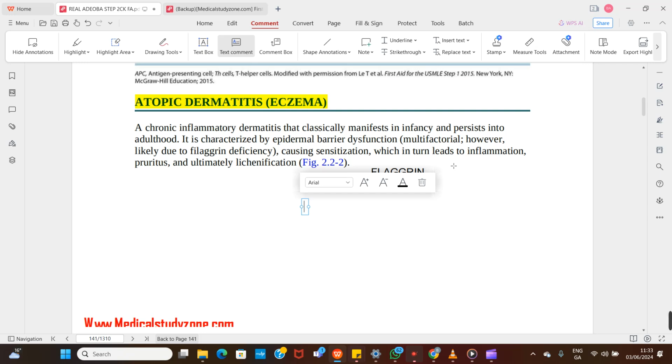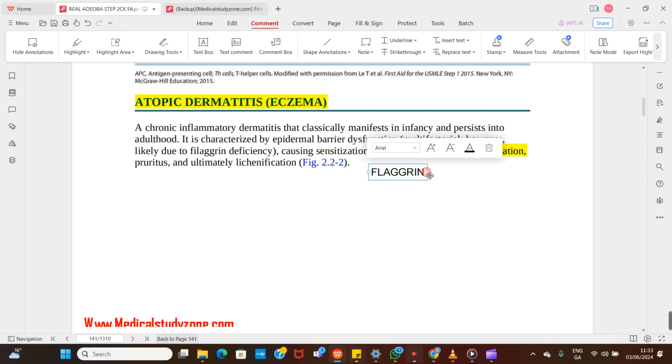And when the epithelial barrier is compromised, you can easily have entry of irritants, allergens, and microbes into the skin, which can trigger inflammation. So you have the inflammatory response and the skin dryness, or xerosis, and together with the inflammation this can bring about pruritus.